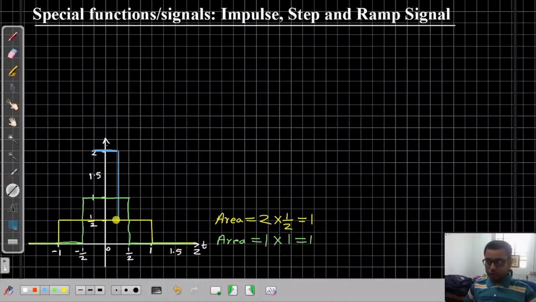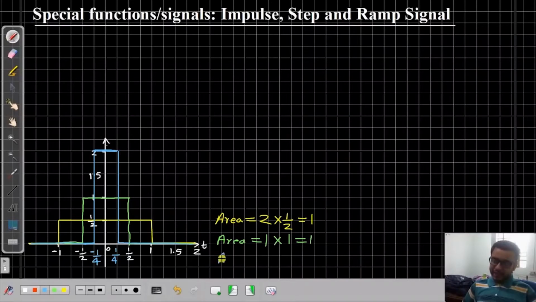It goes down to 0 at t equal to 1/4 and remains 0 after that, and it is also 0 before t equal to minus 1/4. Only within this narrow region its height is 2.